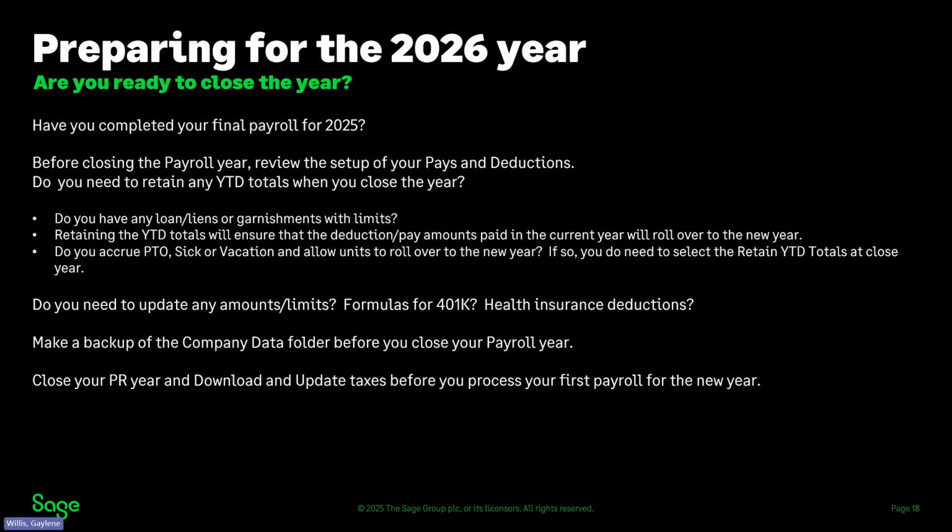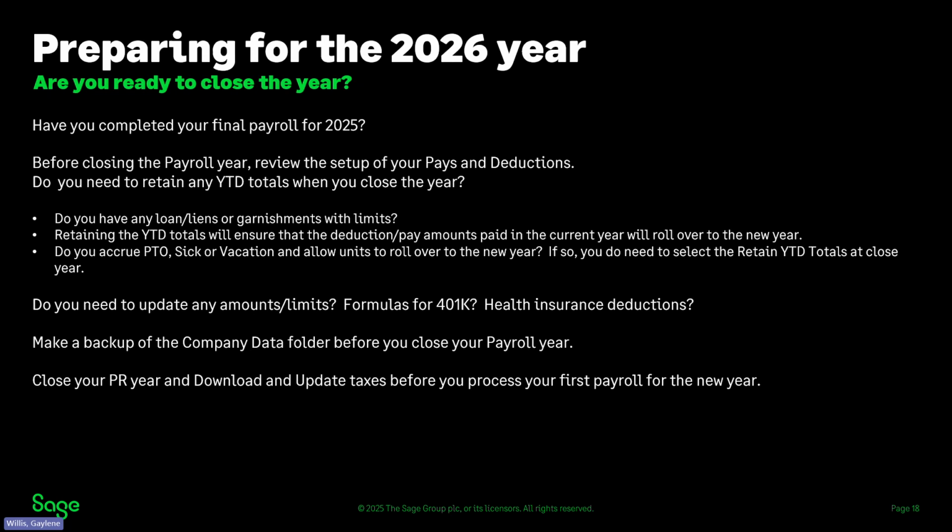That would involve reviewing your formulas and making changes to those formulas so that those items are allowed to accrue at a higher value. Do you need to change any limits for 401k? Do you need to look at anything, maybe update eligibility on employee record or modify eligibility for like say health insurance or 401k?